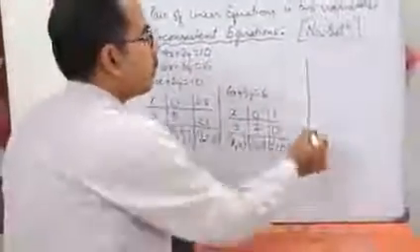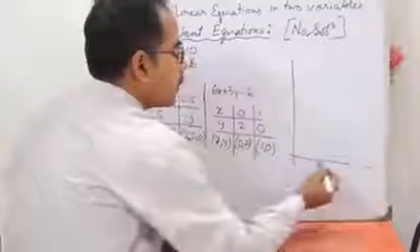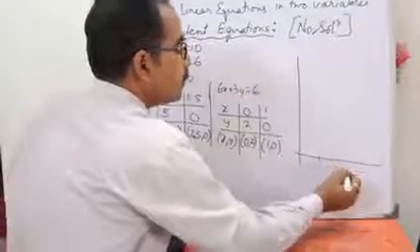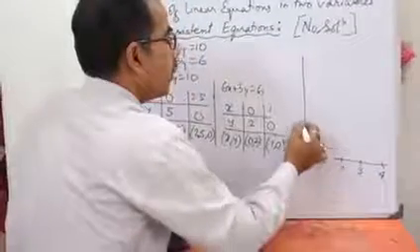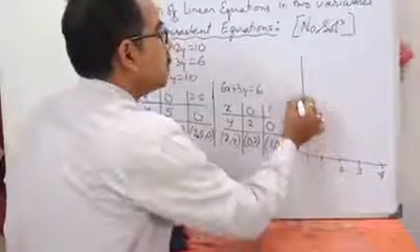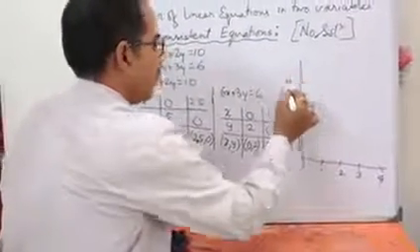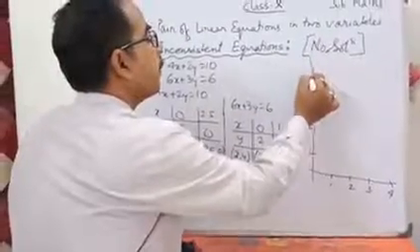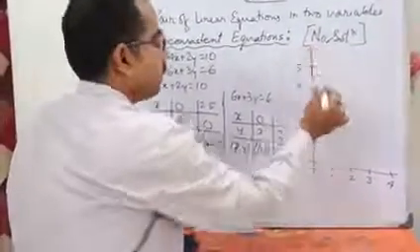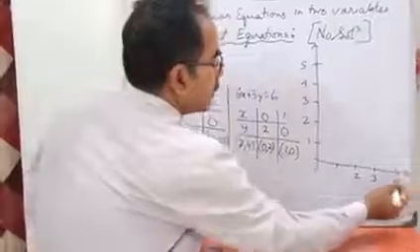Now let us draw the graph. Suppose this is 1, 2, 3, 4 on each axis. I have taken these very randomly. You will draw on graph paper very carefully, taking equal distances.